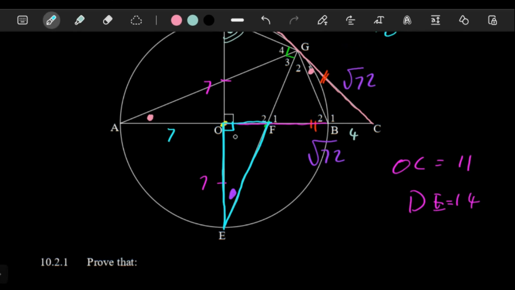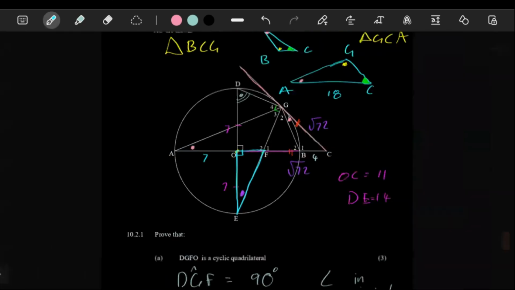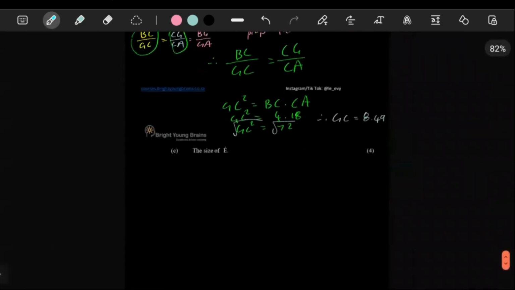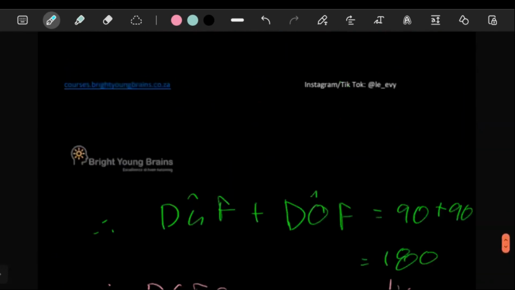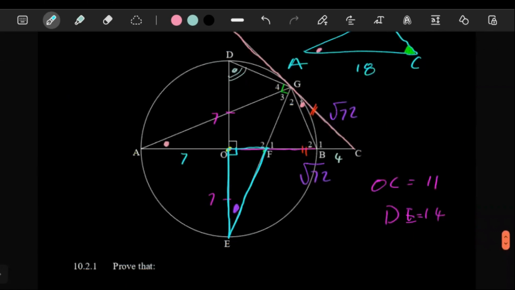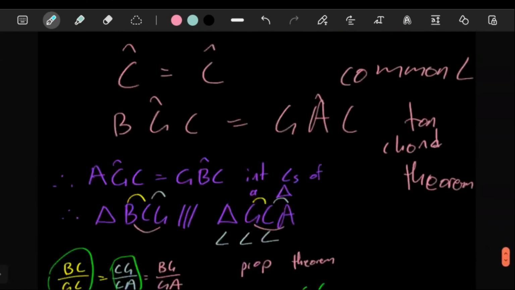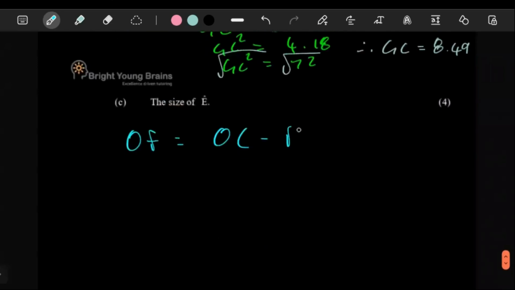So let's get OF. OF is going to be the whole length here, which is 11 minus the square root of 72. So let's say that OF is equal to OC minus FC, because OC is 11, and this is the square root of 72.